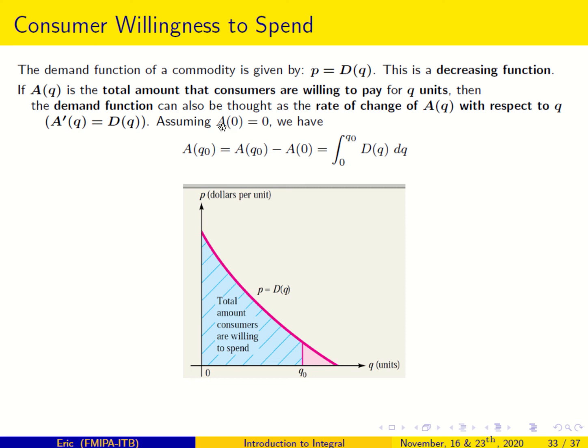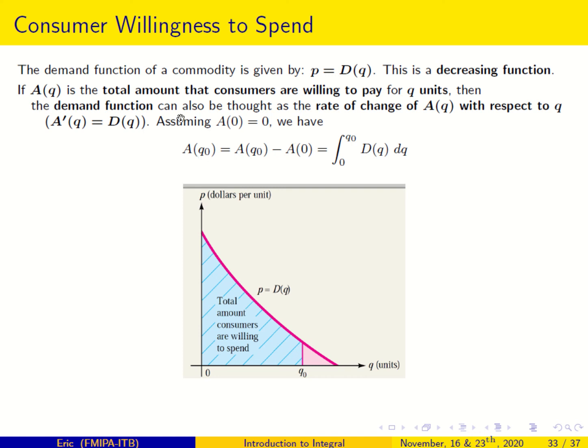When we assume that the total amount consumers are willing to pay for 0 units is 0, we have A(Q0) equals A(Q0) minus A(0). By the first fundamental theorem of calculus, this equals the integral from 0 to Q0 of A'(Q), but A'(Q) is d(Q).